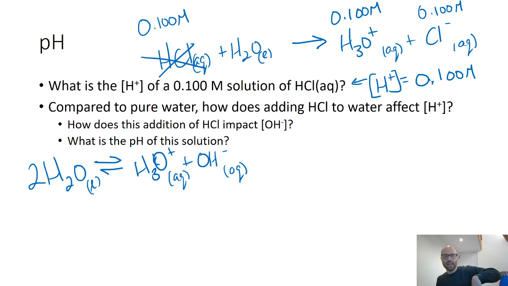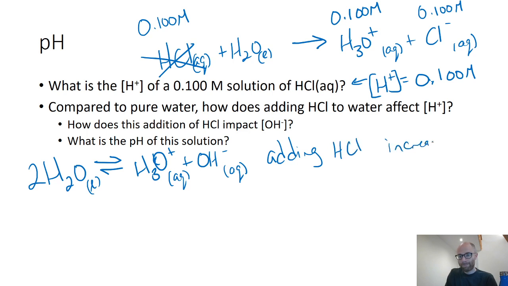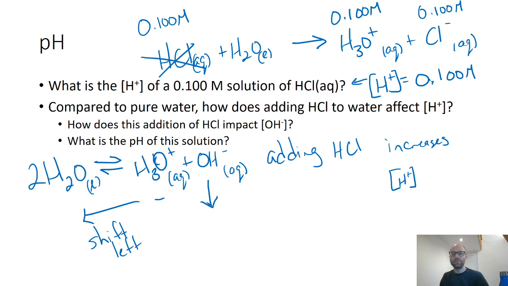So if you add the HCl and that increases the H plus concentration, well, that's a stress. If we increase H plus, you'll see a shift left. What will happen is this will go down, but more importantly, the hydroxide will go down.